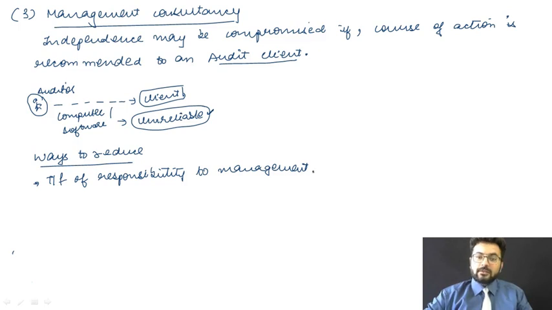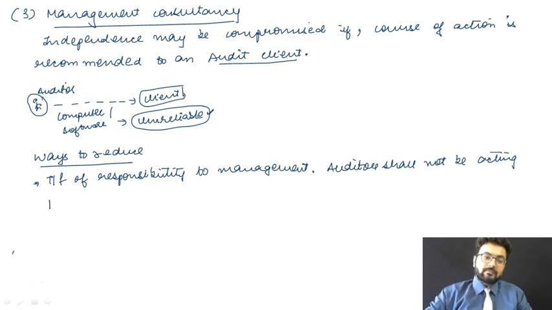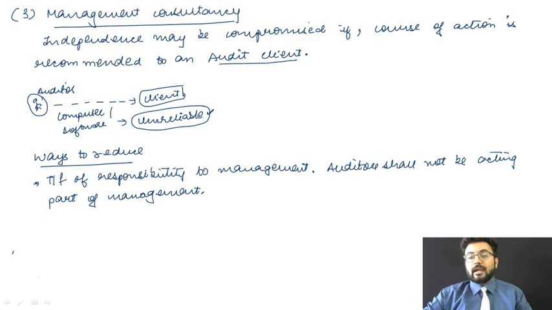Auditor shall not be acting as part of management. It should not be like the auditor is purchasing those computers for the company. The auditor cannot be an acting part for the company.